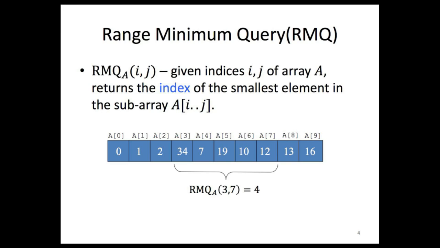So in this case, 3 and 7, RMQ of 3 and 7 is the element at the fourth position, which is 7. So that's the definition of RMQ.